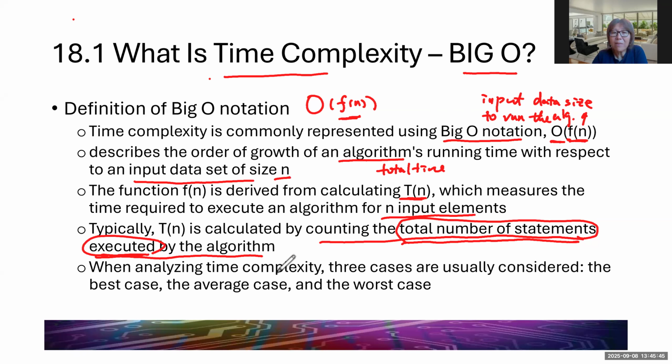When analyzing the time complexity, it's not just one for all cases. Generally, there are three cases: the best case scenario, the average case scenario, and the worst case scenario. When we discuss examples, we will have a better understanding of these three cases.